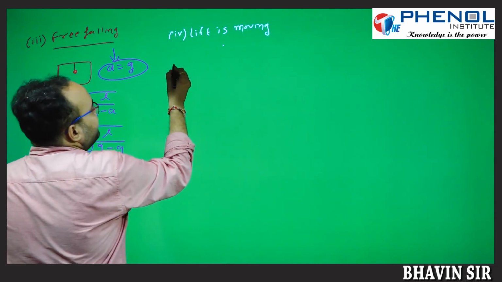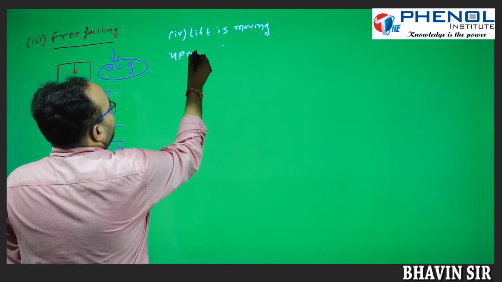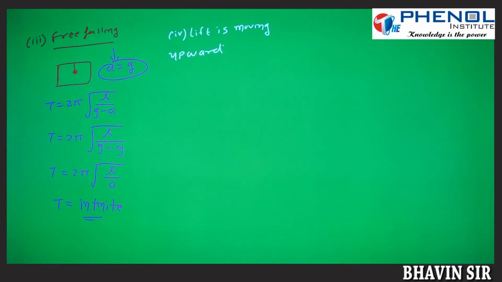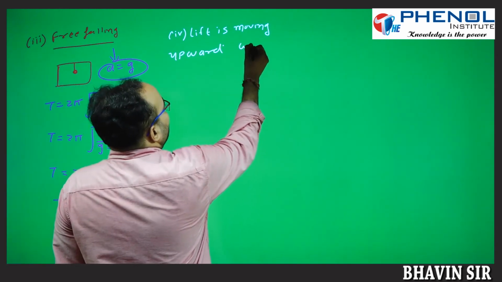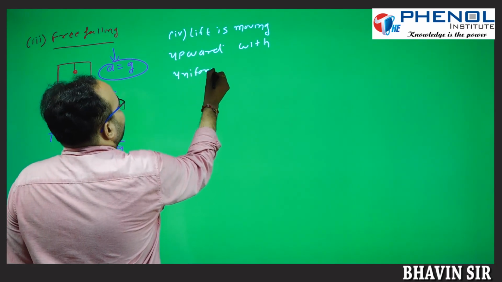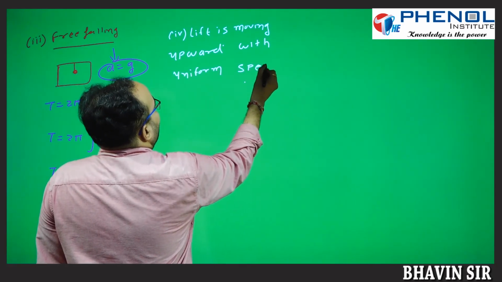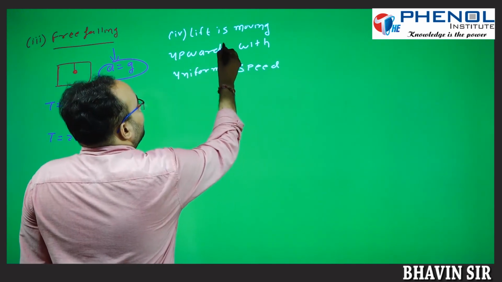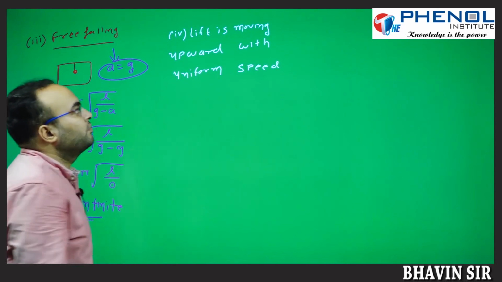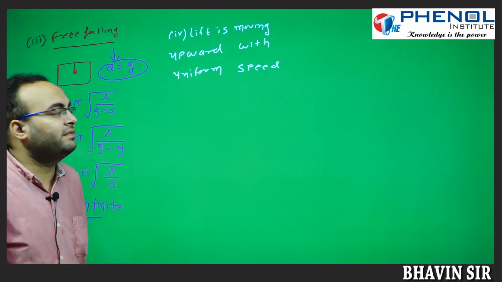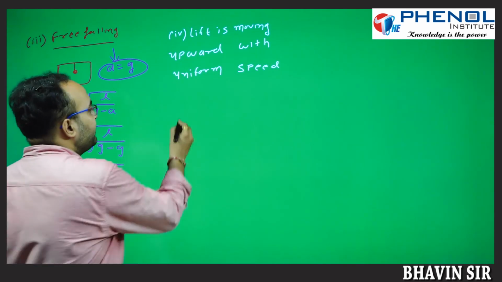Lift is moving upward with uniform speed, student. If the speed of the lift is uniform, then what?